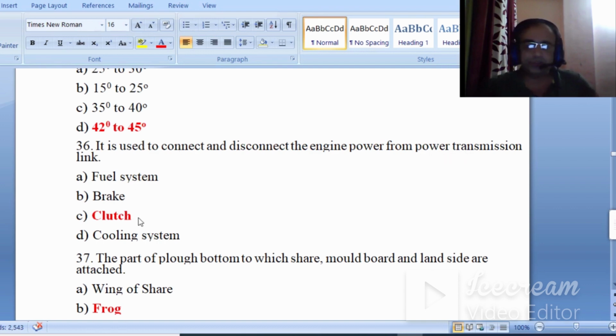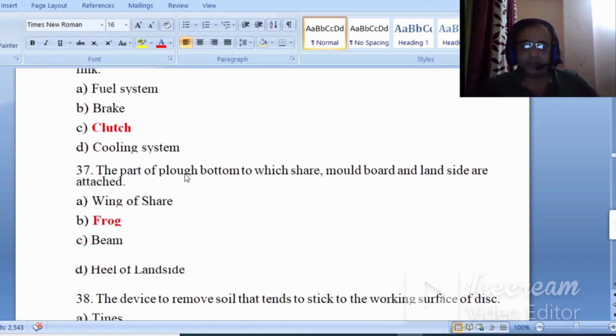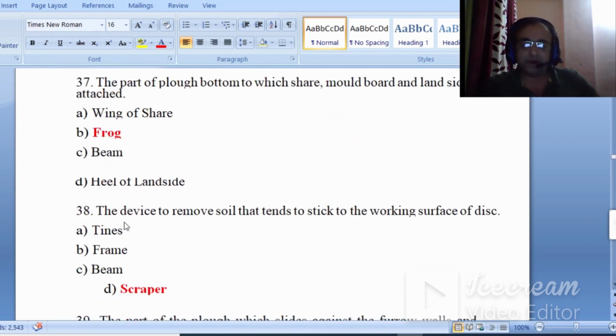The clutch is used for that purpose. The part of the plow bottom to which the share, MB, mold board, land side, and all other parts are attached is called the frog.